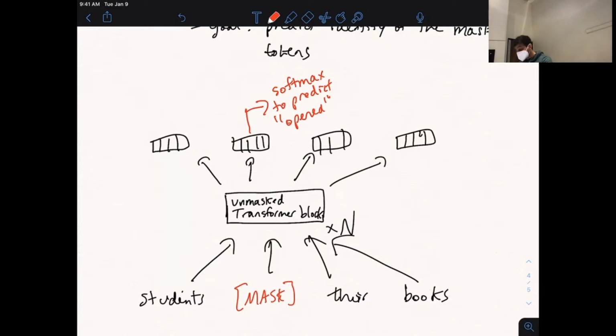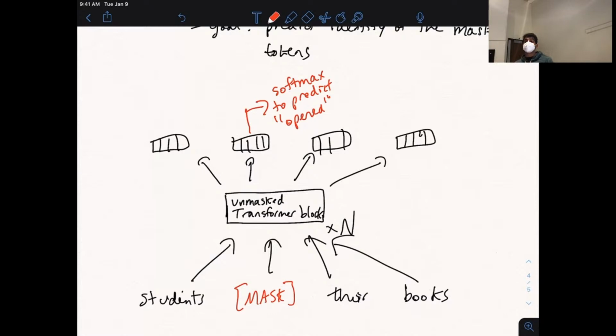It's likely that students or books are things that can be opened, right? There's some world knowledge. Students are people who read a lot of books, maybe not nowadays, but certainly that's a population that interacts with books more than other populations. So it learns lots of things, just as a language model would.